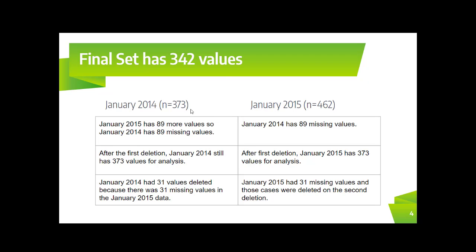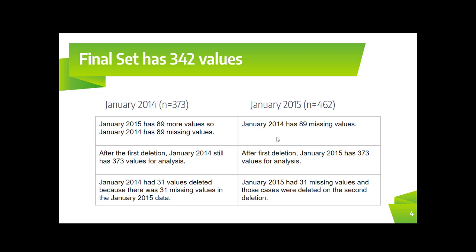When we started cleaning, we know that January 2014 had 373 values and January 2015 had 462. Okay, so that means that January 2014 had 89 missing variables, right? So if January 2015 had all the same variable information as January 2014, then this would not have been 342. It would have been 373.